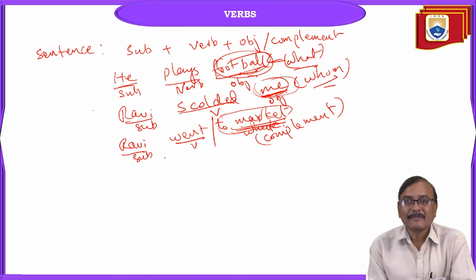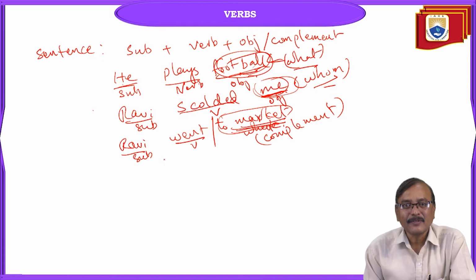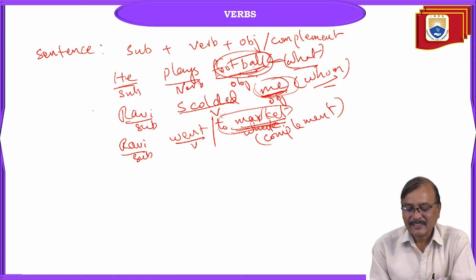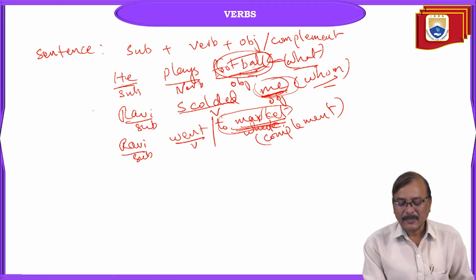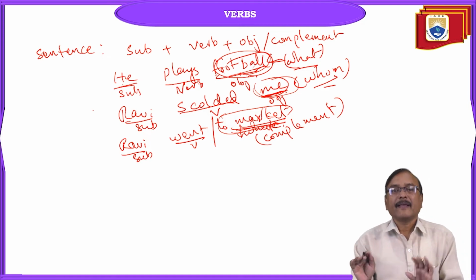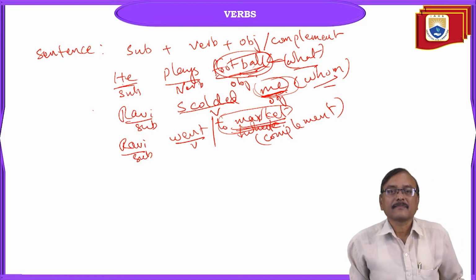Market was gone by Ravi. Can you say like that? No. It's not possible. So if it is not possible, this is not an object. This is simply a complement.